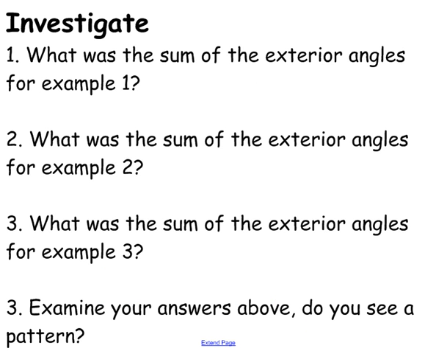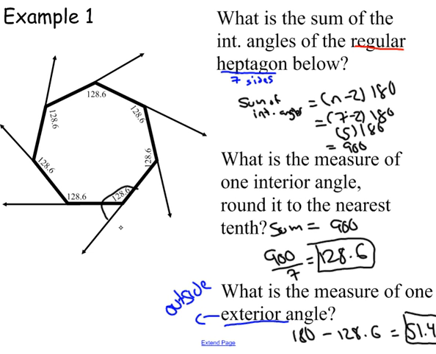Okay, I want you to do a quick investigation with regards to exterior angles. What was the sum of the exterior angles for example 1? So here's example 1. We know that the measure of one exterior angle is 51.4.